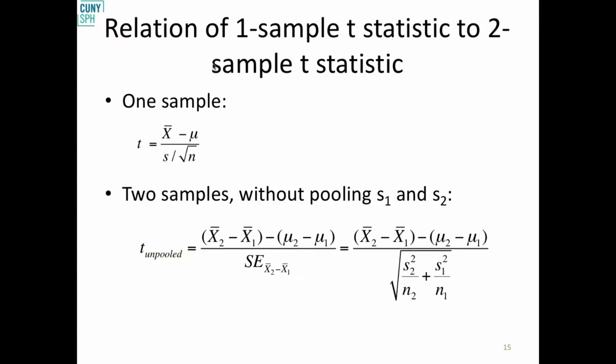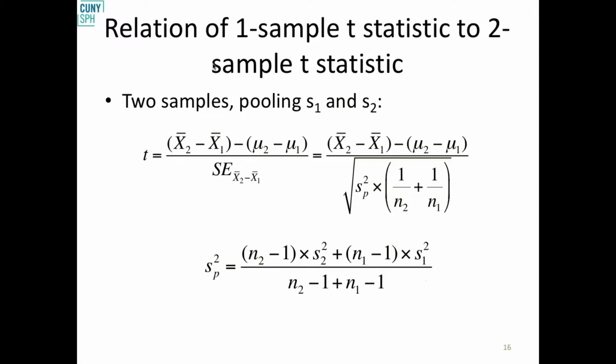So what we're doing is dividing by a weighted version of the standard error. On the bottom there, we're accounting for the fact that the samples could have different standard deviations and they could have different sample sizes. But all you have to do is apply that formula to do your t-test.